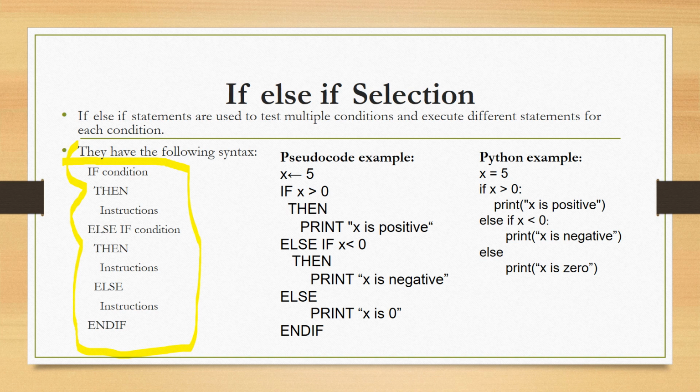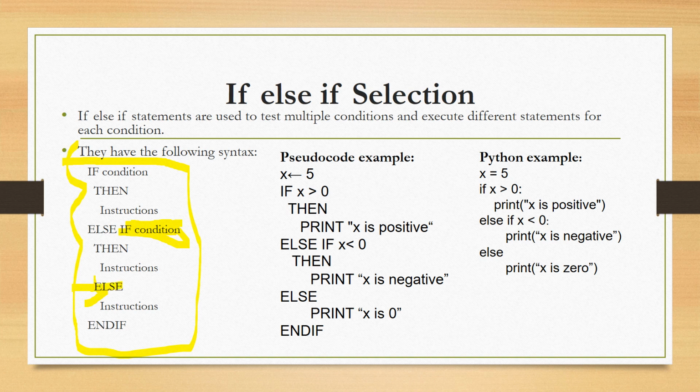If this condition is not true, then we go to the else part, but in the else part again we have an if condition, right? Again if condition, then instruction. If this is still not true, then we can find another else statement for execution.